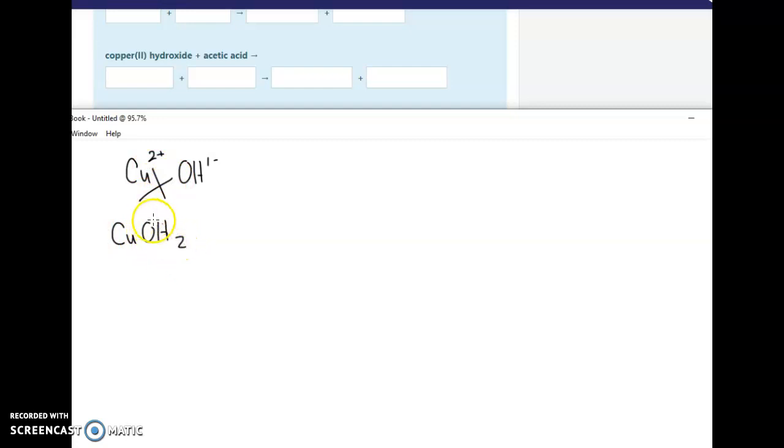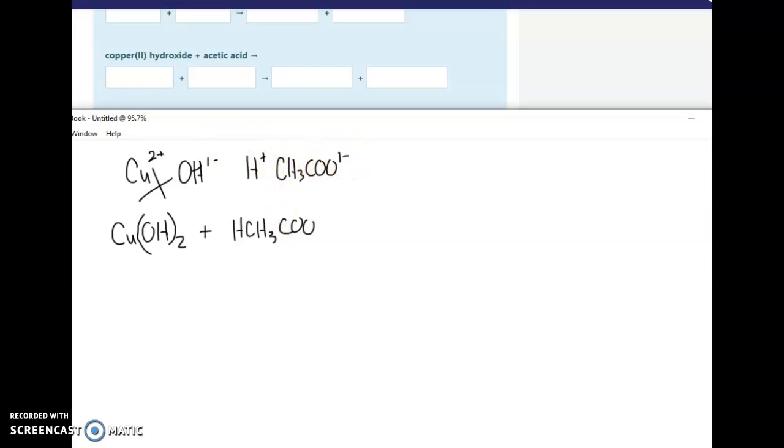I'm putting a 2 next to a polyatomic ion, so that requires a parenthesis. And I'm putting a 1 next to copper, so I do not have to write it. Acetic acid is HCH3COO.